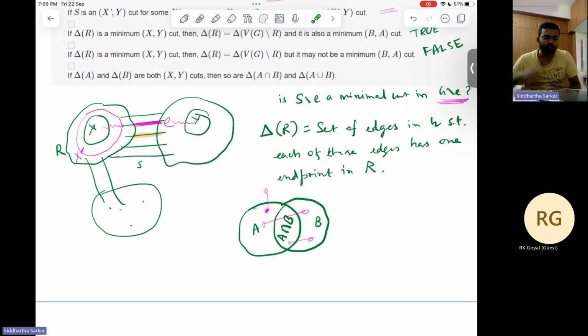Okay, so let's try to see. First, the figure is not clear, so I have not elaborated what I mean by these edges. So consider delta A first.